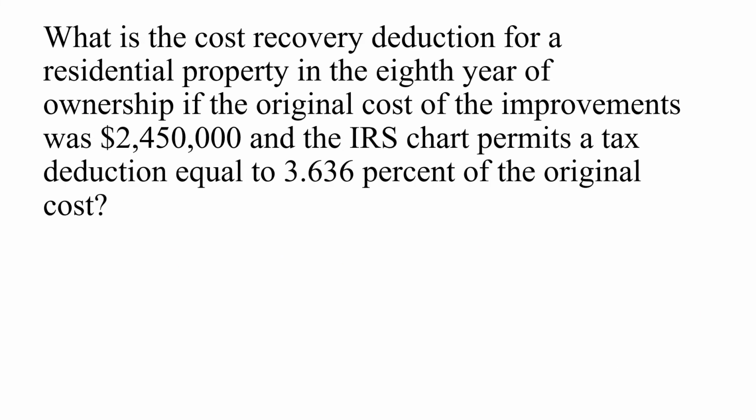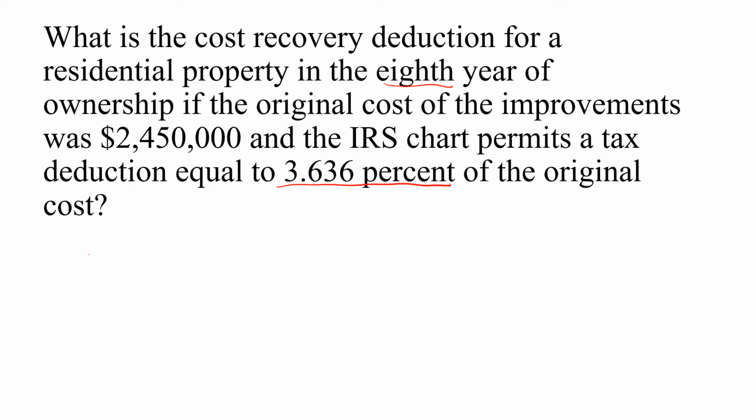What is the cost recovery deduction for residential property in the 8th year of ownership if the original cost of improvements was $2,450,000 and the IRS chart permits a tax deduction equal to 3.636% of the original cost? Okay, so in the 8th year, 3.636%.